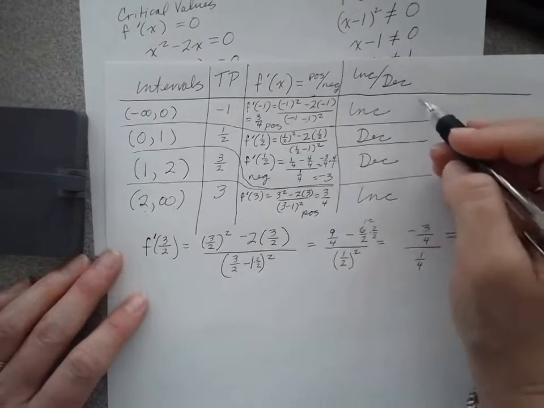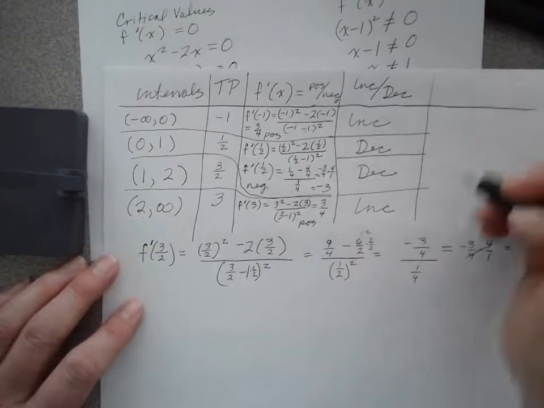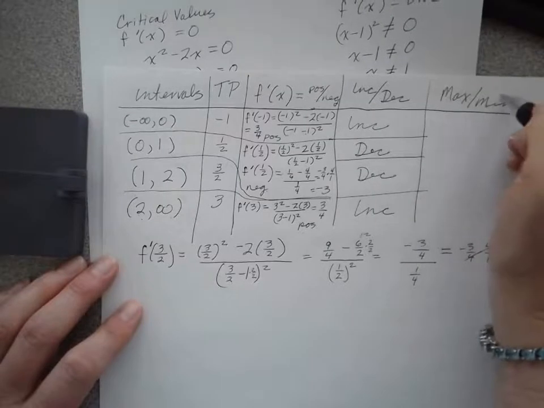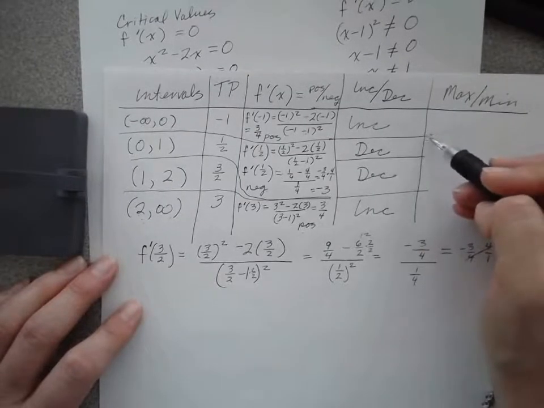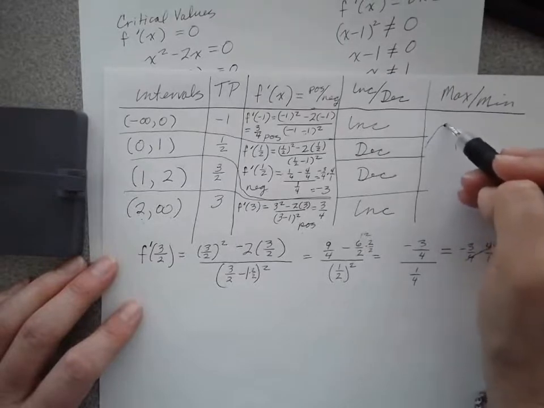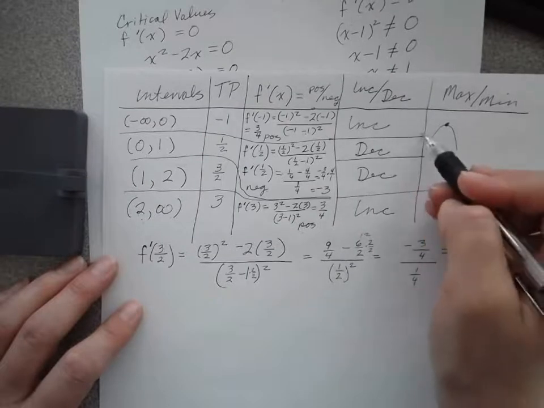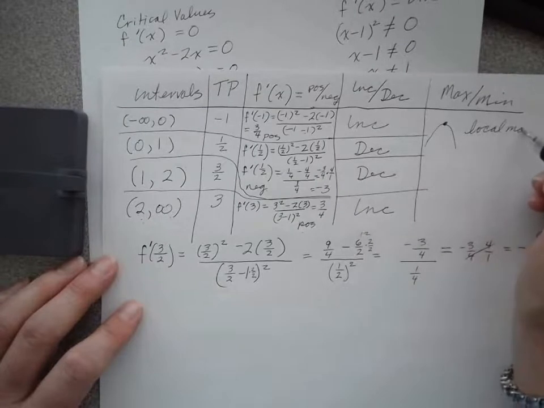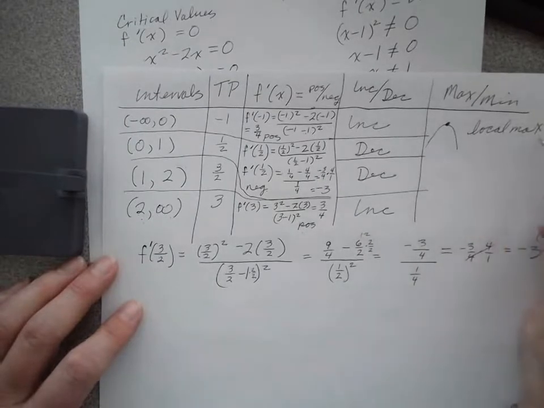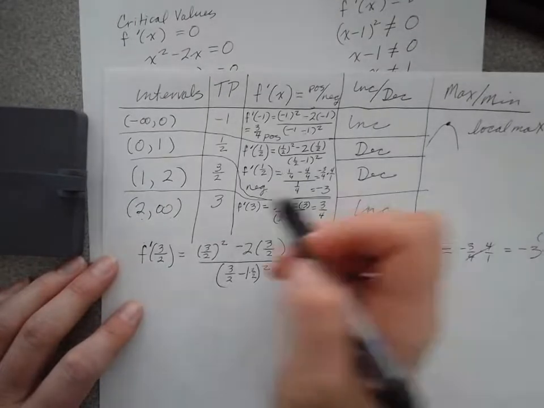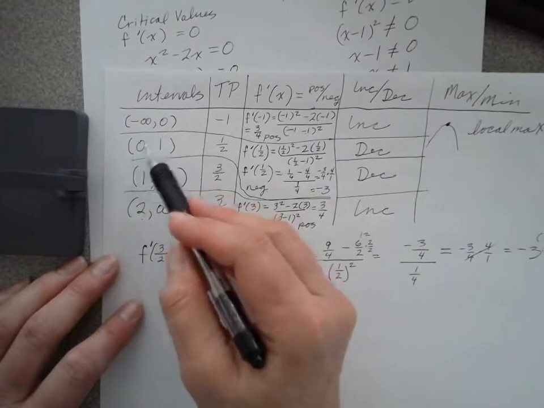Okay, so then to find whether it has a max or a min, where it goes from increasing, so it's going uphill, to decreasing, what does it have there? A max, a local max. And where is that local max going to be at then? At x equals, what's in between those two?